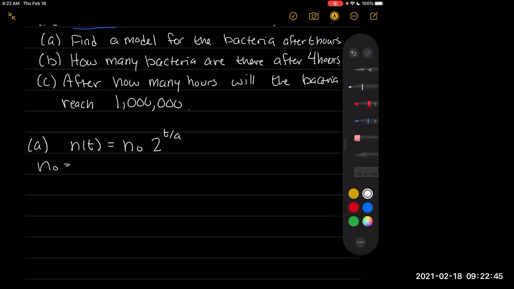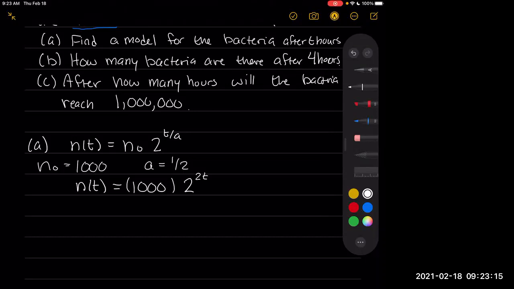So now we can write our actual formula as N of t equals 1,000 times 2, and 1 over 1/2 gives us 2, so 2 raised to the 2t power.